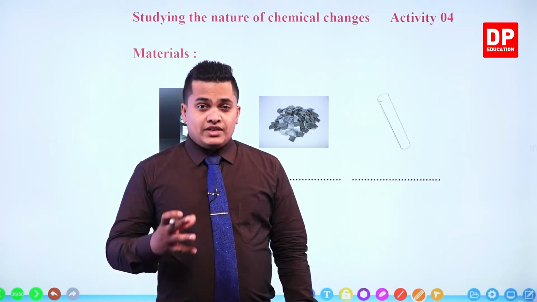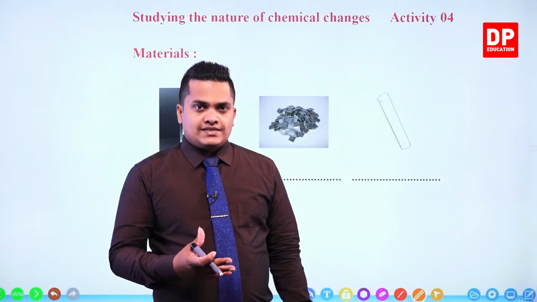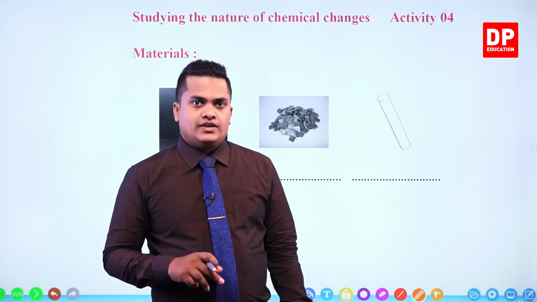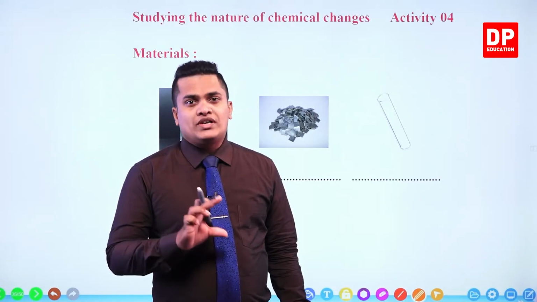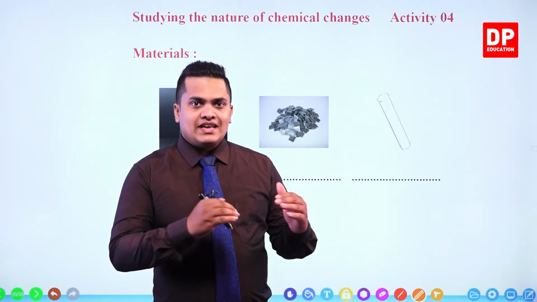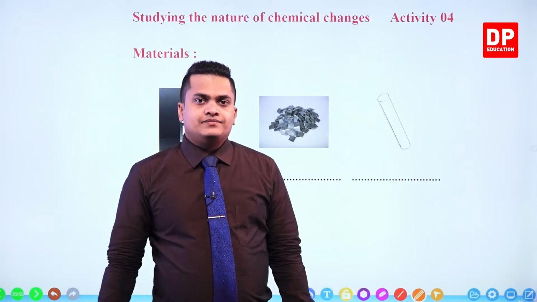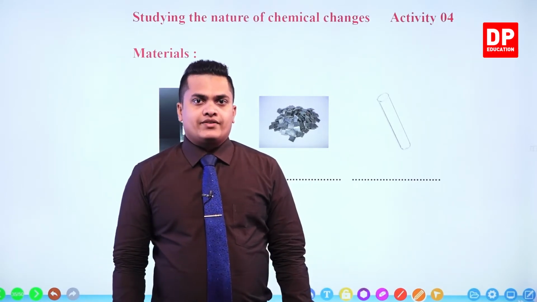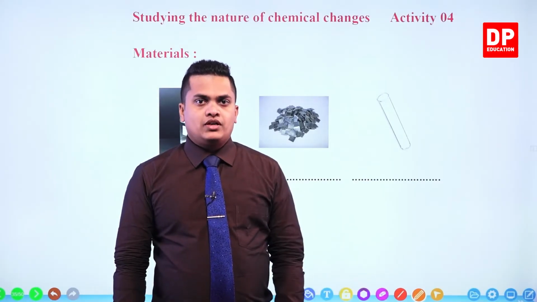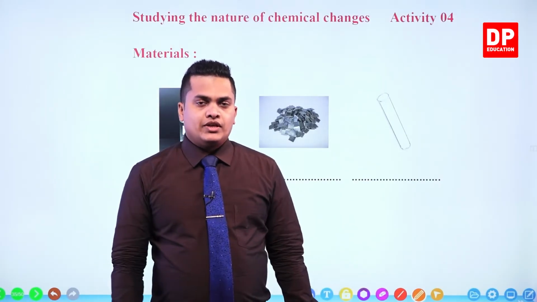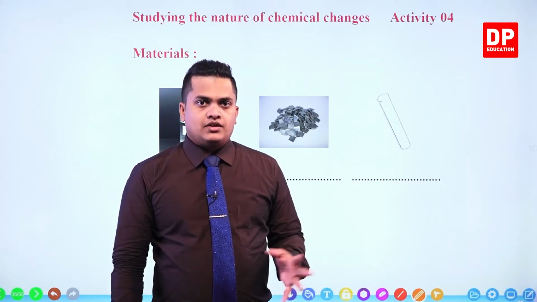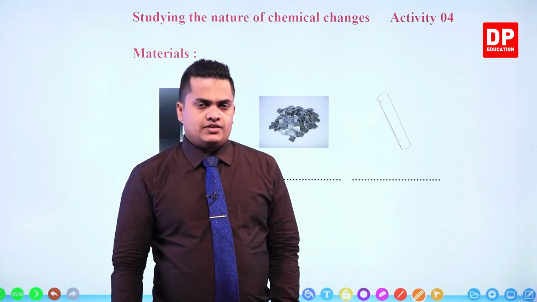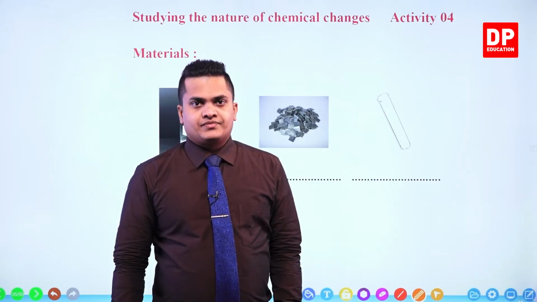So when we are dealing with hydrochloric acid in our laboratory, first of all, we have to add some water and dilute it. Diluting means reducing the strength of the acid. We have to take a sample of hydrochloric acid from the bottle and insert it into the boiling tube or the test tube. Then we have to add some water to reduce the strength of it, to dilute it.